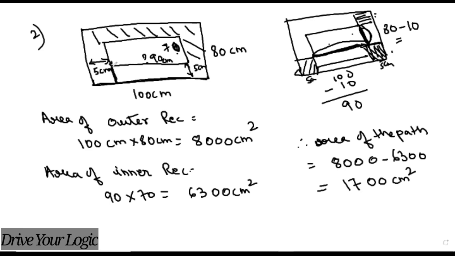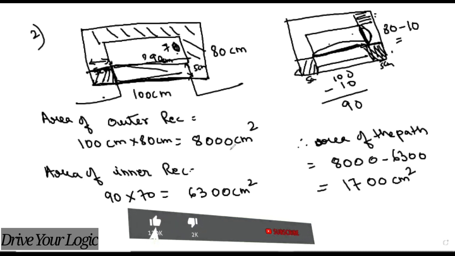So if you subtract this portion and this portion from 100, 5 plus 5, that is 10, you are getting the inner length. Clear? So in this way, you need to get the inner length and breadth. Once you get the inner length and breadth, very easy, outer minus inner rectangle you do, you will get the path. Clear?